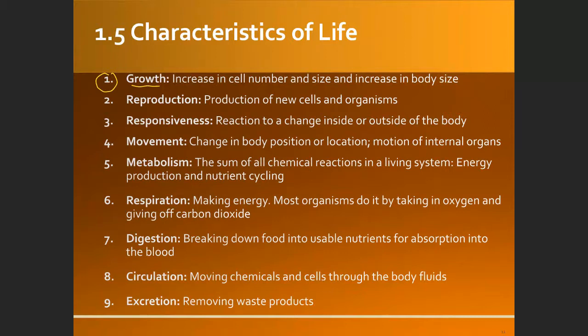Just remember, we actually start from a zygote, which is only one cell that combines sperm and egg. And this zygote then divides into millions of cells. So this is an increase in numbers.